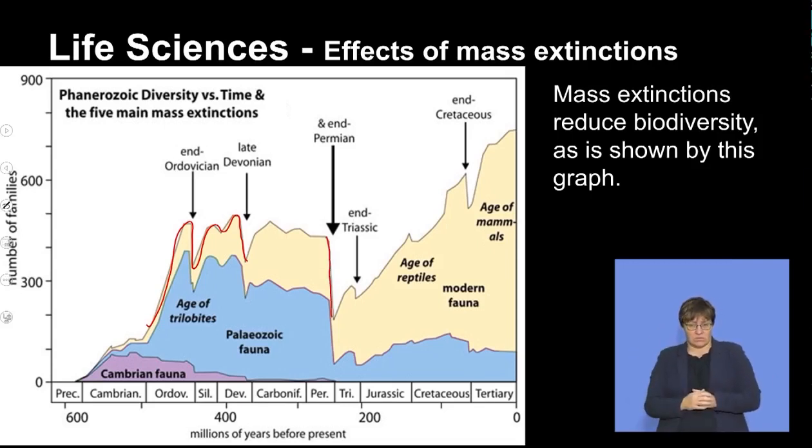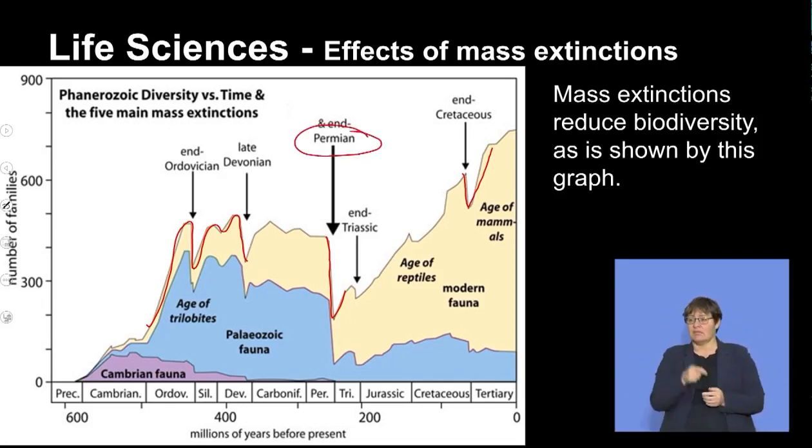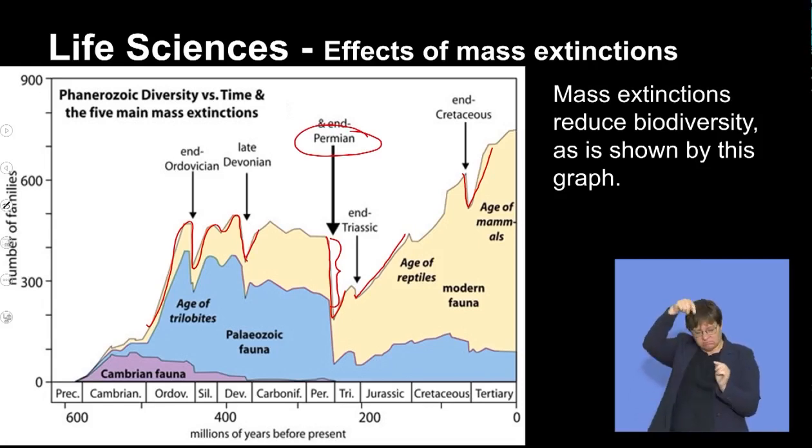And there are 5 spots where there have been very, very big drops. This one, the end Permian extinction, is the one that has created the biggest drop. In other words, it killed off the most species. But please note, after that, what happens after each one? We find a spurt in the increase in biodiversity.